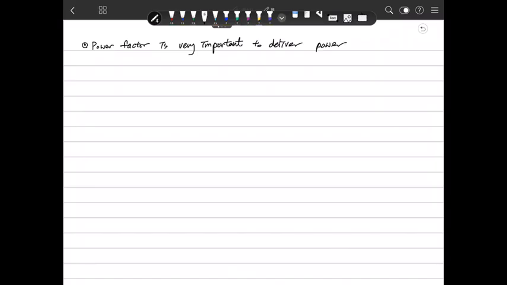For example, this is a simple example here. This is a generator or generator station, and there are some lines here, and there is the load. It could be resistive, capacitive, inductive, whatever it is.